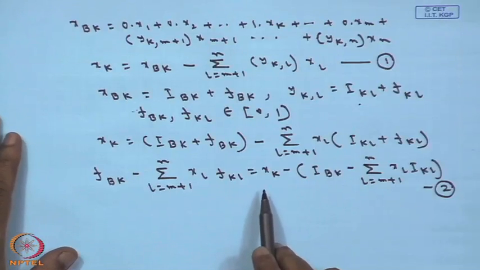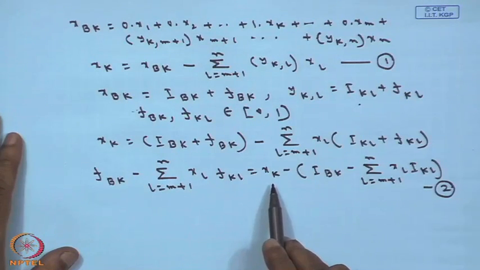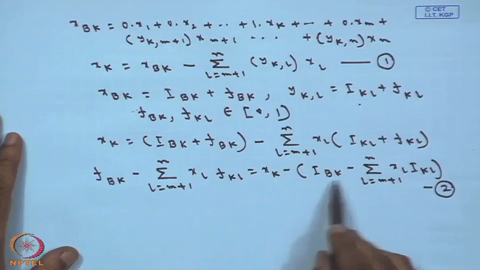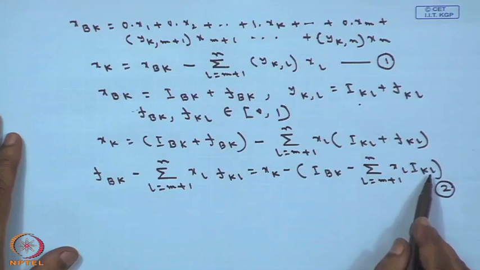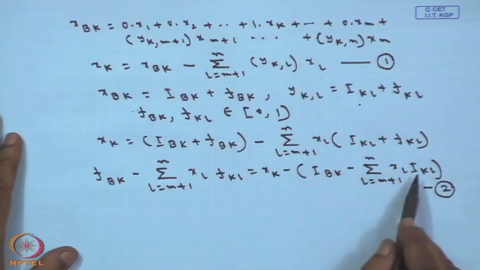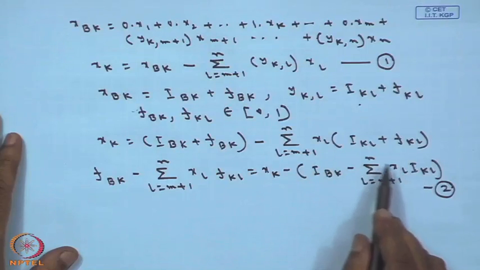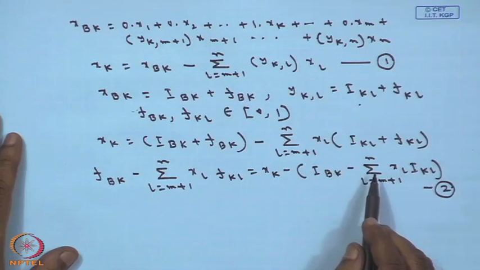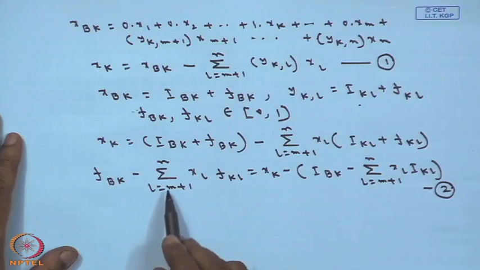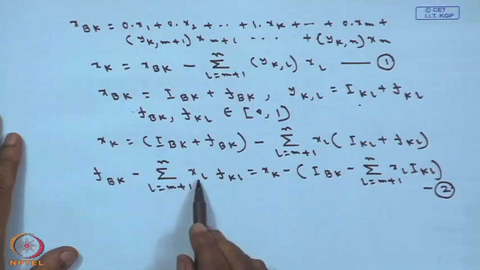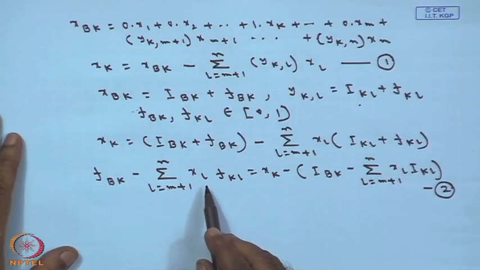Right hand side contains your x_k, your I_bk, x_L and I_kL. This should be integers, or in other sense the right hand side should be integer. Therefore, the left hand side, that is f_bk minus summation L equals m plus 1 to n x_L into f_kL, this also must be integer.